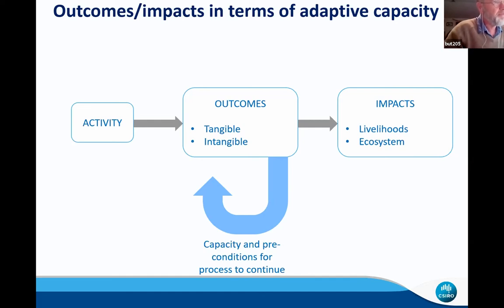So it's very important, we think, to be measuring, is that adaptive capacity there amongst your partners, and also possibly amongst your communities too, because if their capacity has been increased to respond and adapt and make sure that the process, whatever process it is you're going through, can be continued, that's important too.